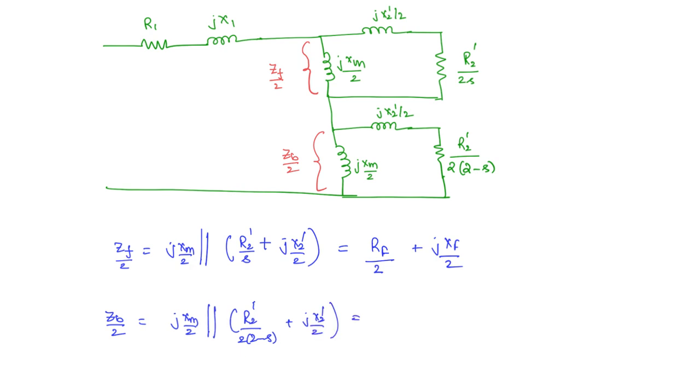The resulting resistance and reactance you name as Rb by 2 plus jXb by 2. Here also write the subscript f only, otherwise it will be confusing. So this is f and here also it is f.